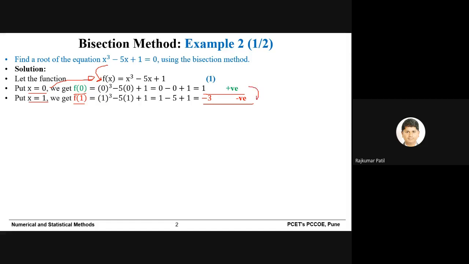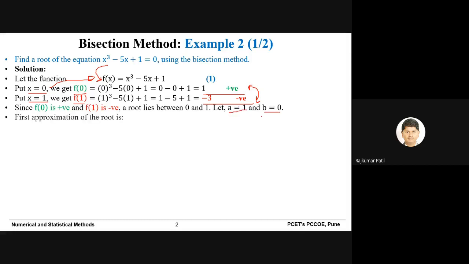So we can say that f of 0 is positive and f of 1 is negative, so the root lies between 0 and 1. So we will call a equal to 1 and b equal to 0.